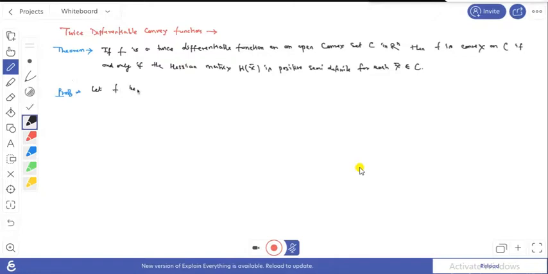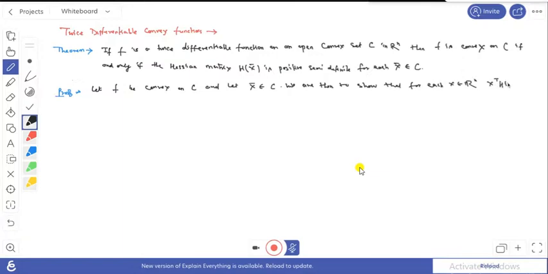be convex on set C, and let us assume that any point x bar belongs to that convex set C. So that for each x that belongs to Rn, this Hessian matrix is positive semi-definite.